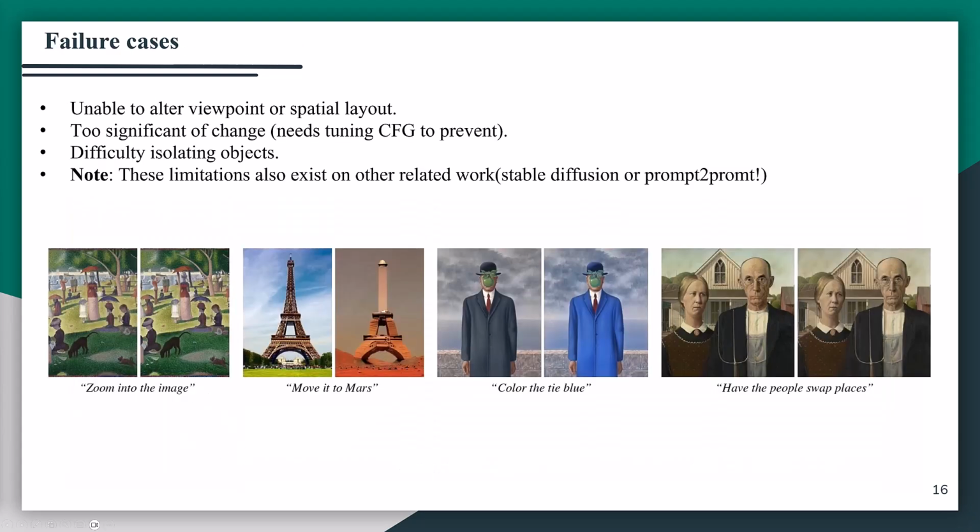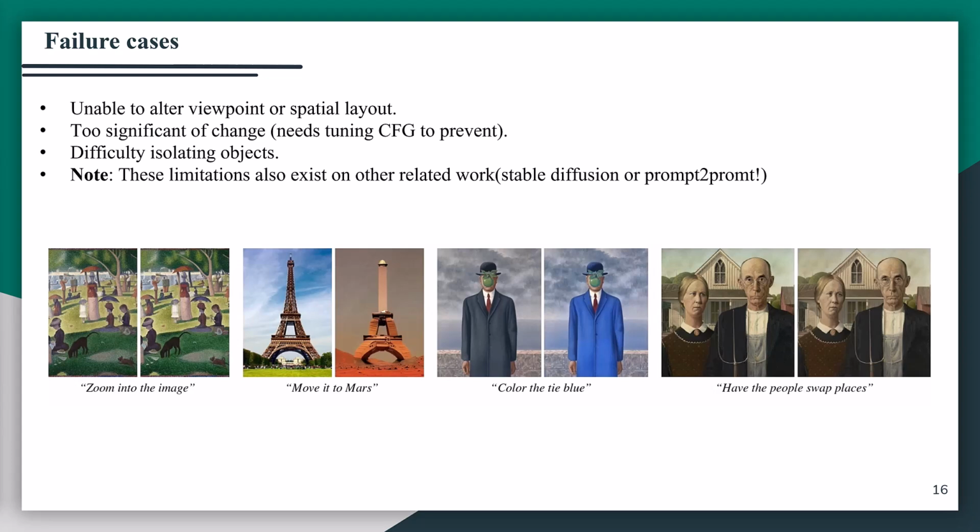This model also has other weaknesses. It has some failure cases, such as it cannot do structural changes like zooming into the image or moving it to Mars, or coloring the tie blue, or having the people swap places.